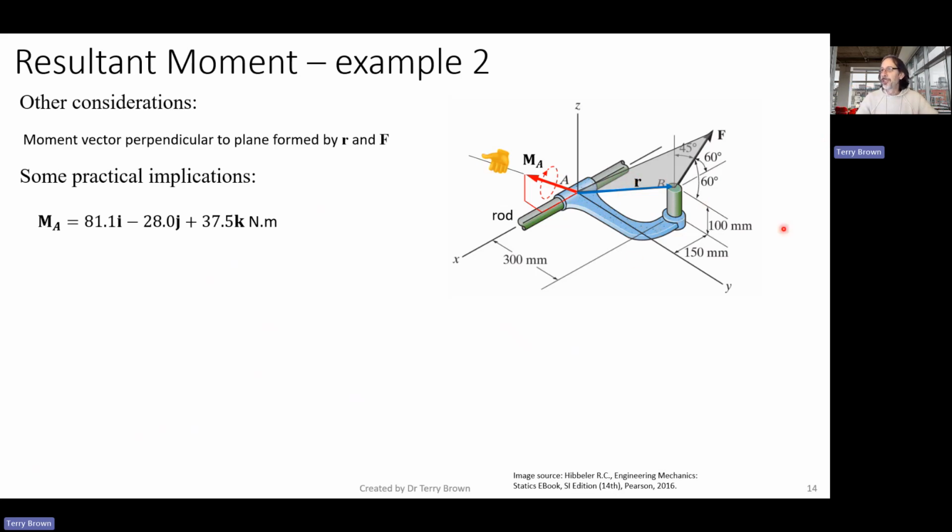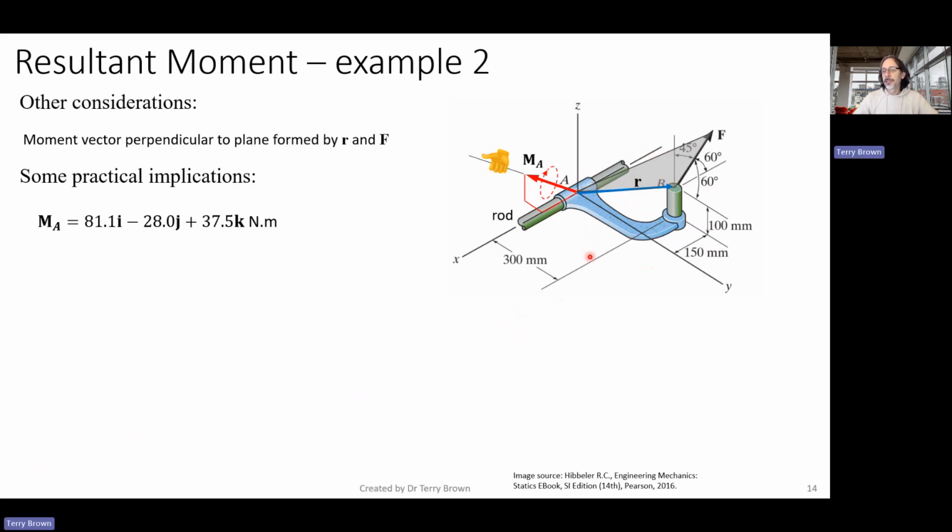So do front, top, and side views of this, like you did in Intro to Mech in your drawings, draw it roughly to scale, get your angles roughly right, and see that this moment vector is 90 degrees to this plane. Or you could do a SolidWorks model and do that.